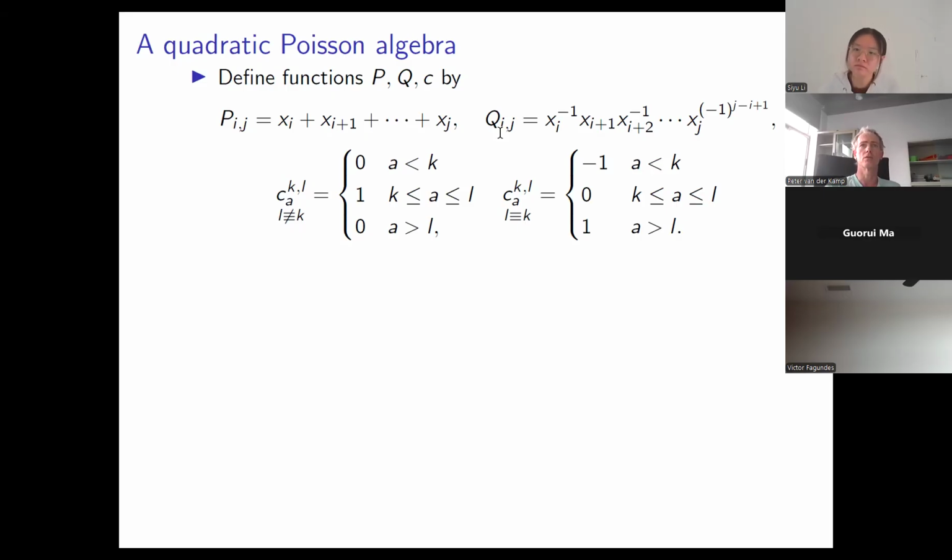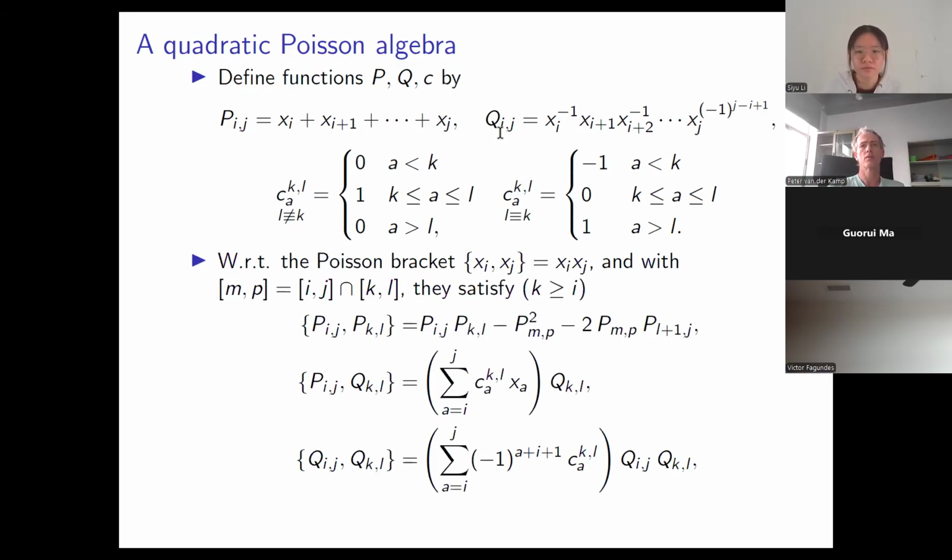And the C's, we just use them to express the Poisson brackets. So with respect to this bracket, we know exactly the brackets between these functions, and they form a quadratic algebra. If you look at the definition of CKL, then either K is equivalent to L mod 2 or not.